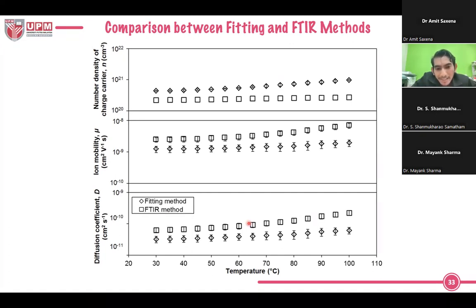So this indicates that the method we have just shown is valid to determine the N, mu, and D in the electrolyte.